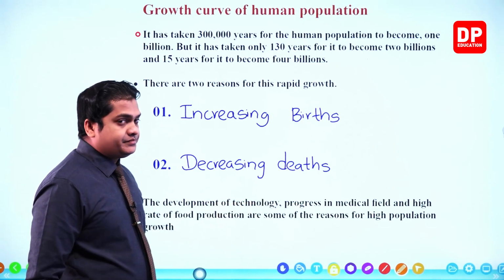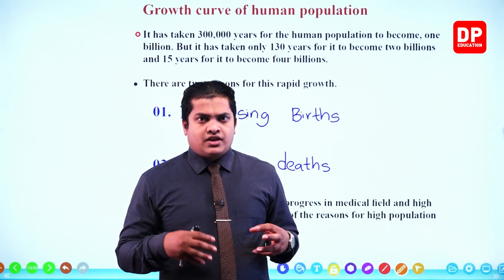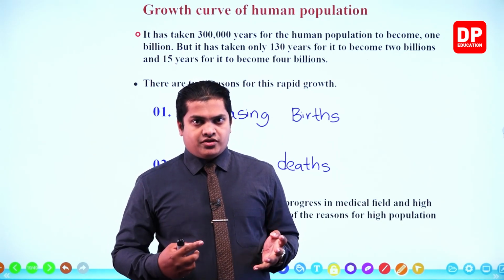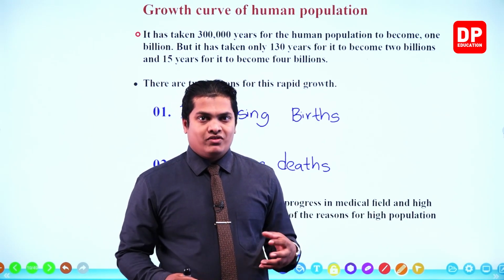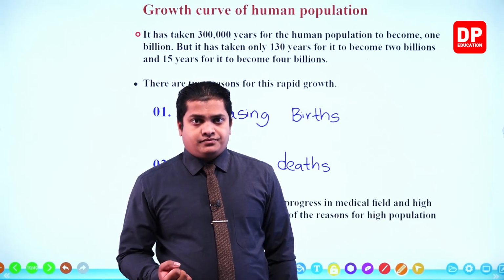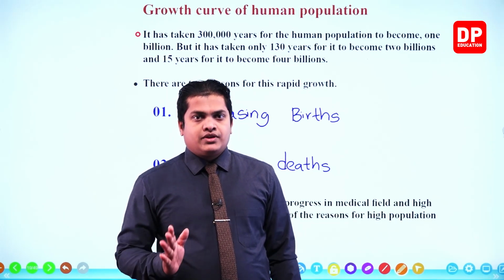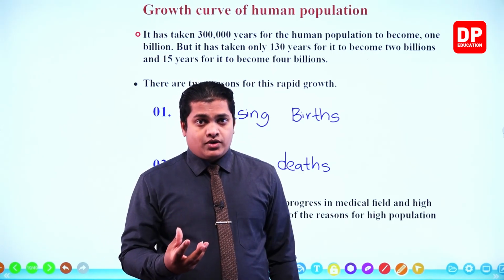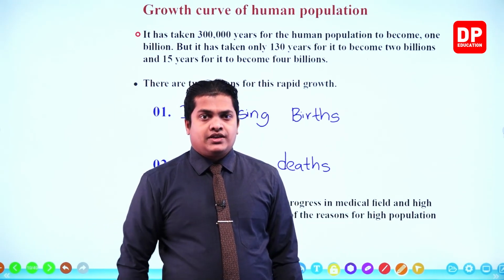The development of technology. Because of predation, parasitism, and certain diseases, people die. But with the development of new medicine and medical technologies, my dear children, when the medications improve, the number of people who die because of those reasons will also reduce.